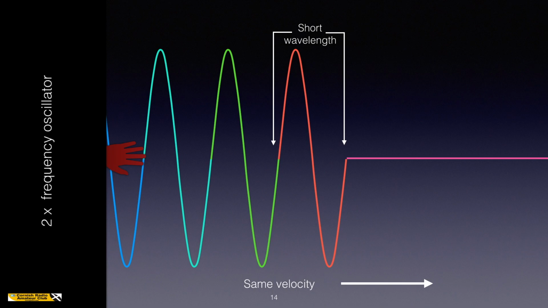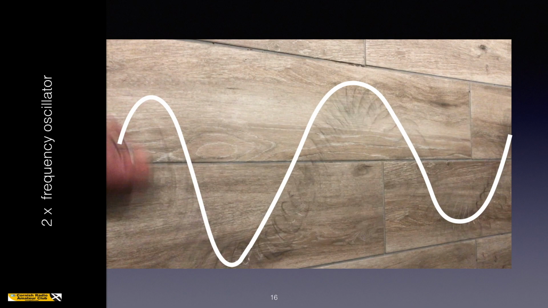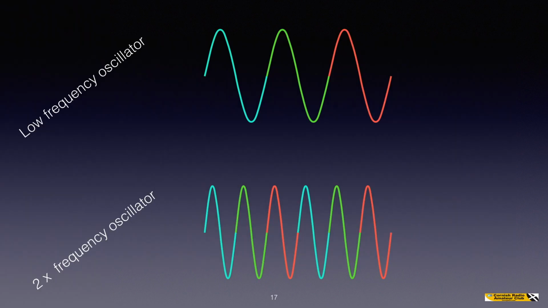So with a low frequency oscillator, we were seeing this, and with the double frequency oscillator, we were seeing that. And we show that as a graphic. There it is, the low frequency oscillator at the top, and the double frequency oscillator on the bottom.